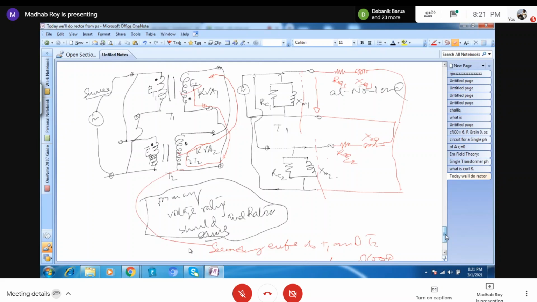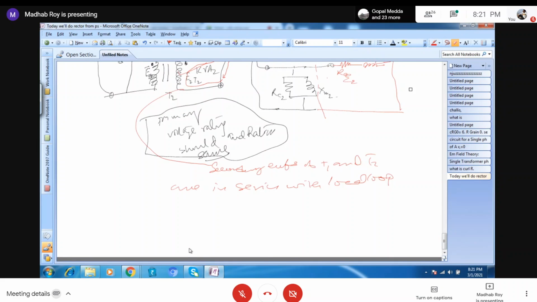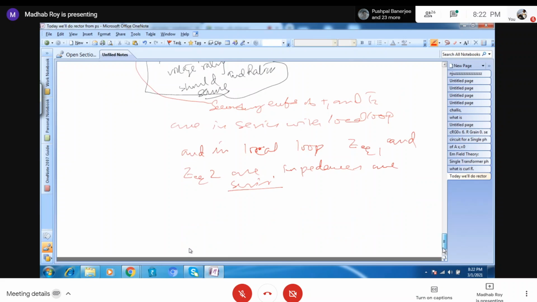what are the impedances? In the local loop, Z equivalent 1 and Z equivalent 2 are the impedances in series, and Z1 plus Z2 equivalent are very small.